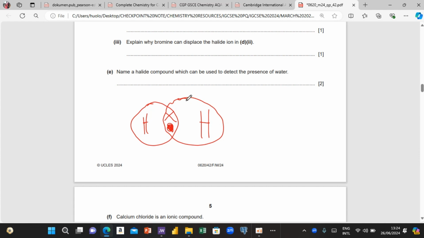The first shell takes a maximum of 2 electrons. So as they are paired together, both atoms are okay with the 2 electrons being shared together.